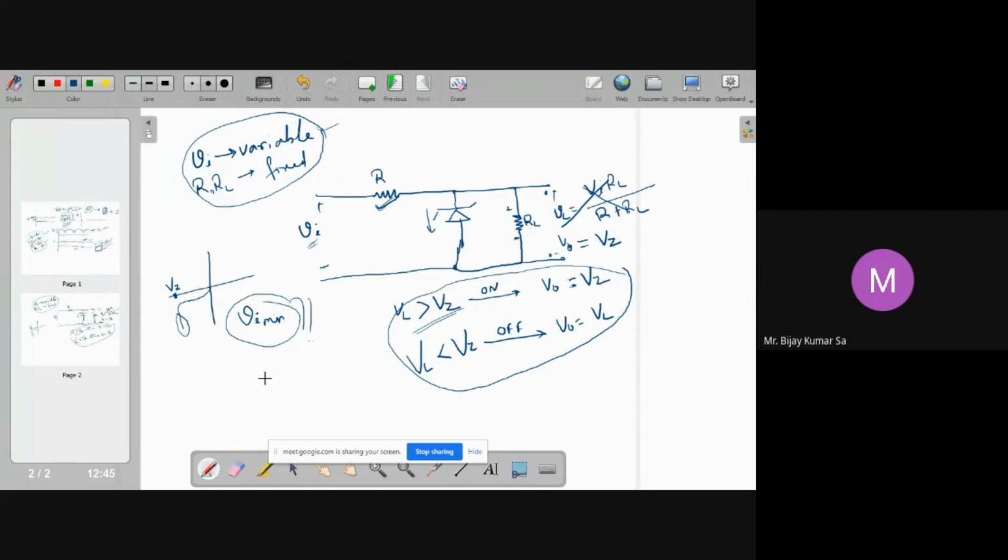Yes, I want you to calculate, or you can find an expression that gives you Vi minimum that is required to turn this zener diode on in the reverse direction.